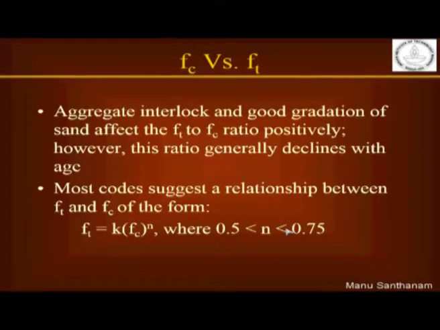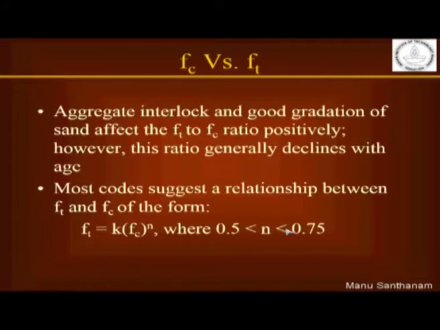Now, there are different characteristics of the concrete which may affect the compressive and tensile strengths. Generally, the aggregate interlock and good gradation of the sand affect both the compressive and tensile strengths, and in general, when you have better aggregate interlock, the ratio of the tensile to compressive strength tends to become higher. Okay.